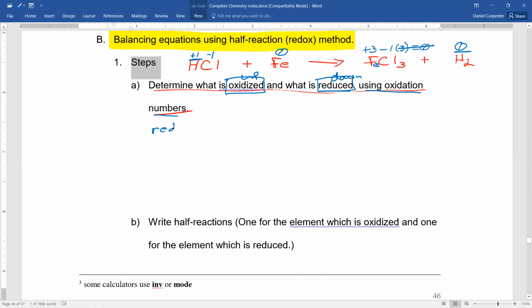So reduced equals hydrogen. Chlorine goes from -1 to -1. That's no change. Iron goes from 0 to +3. That is up. So iron is oxidized.